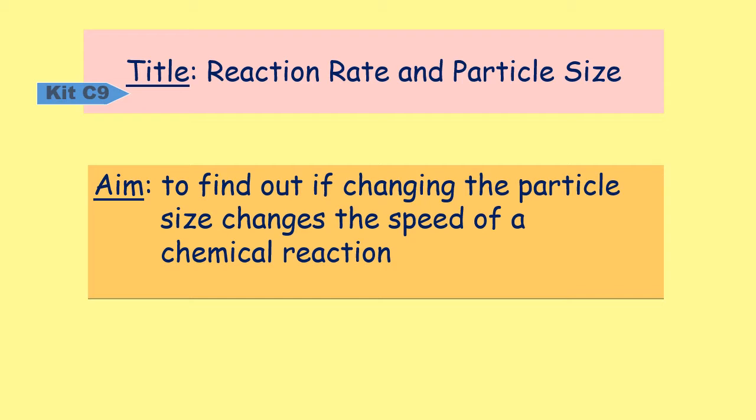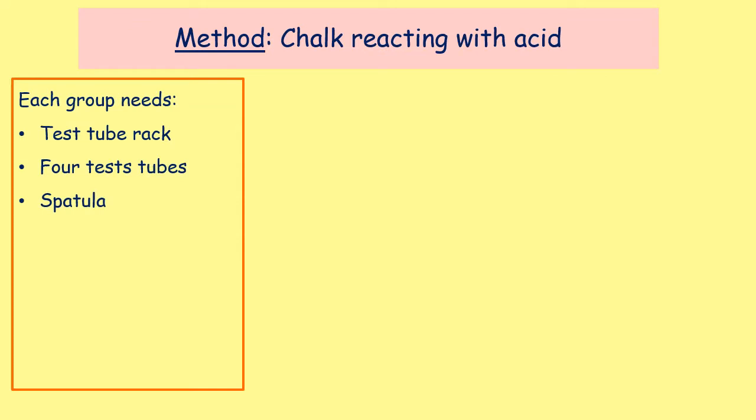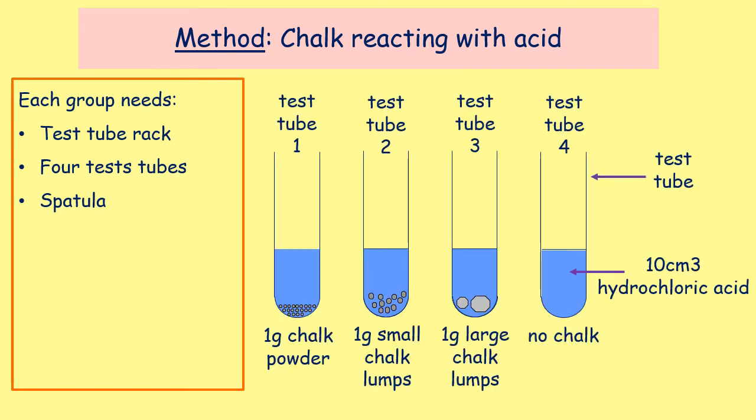The chemical reaction that you will be doing for this experiment is to react chalk with acid. You have a test tube rack, you have 4 test tubes, and inside each test tube you would add some hydrochloric acid, and then you would be adding different sources of chalk.